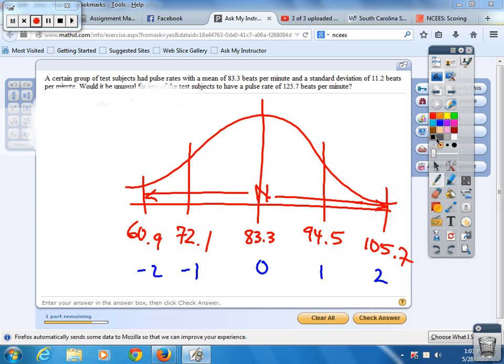Would it be unusual for one of the test subjects to have a pulse rate of 126? 126 would be where? Way out here. And that's unusual. So your answer would be, yes, it would be unusual. Let me see what they're asking because I want to make sure I get it right.